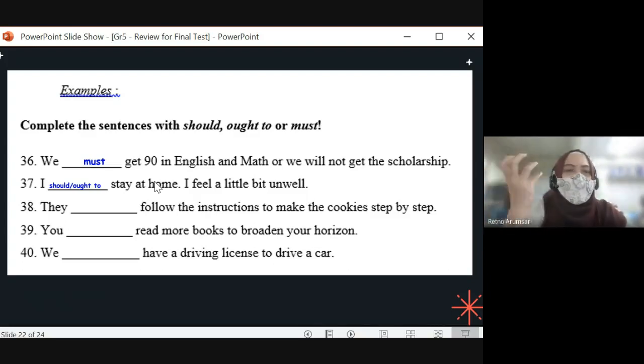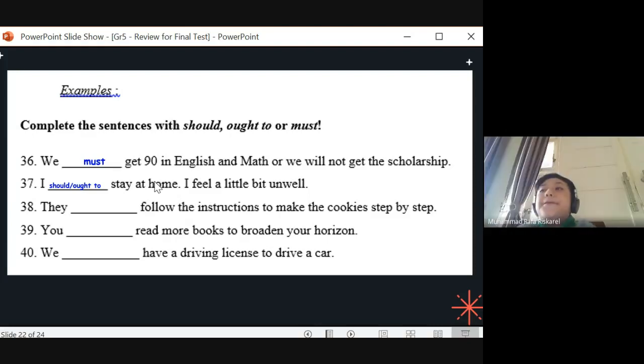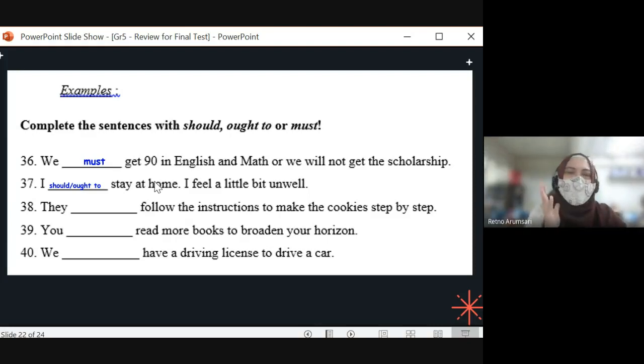But if the person hasn't even tried making a cookie once in their lifetime, right? Then the answer must be must, right? So it's up to you though actually. But the answer here is should. It depends on how important it is to you to follow the instructions.